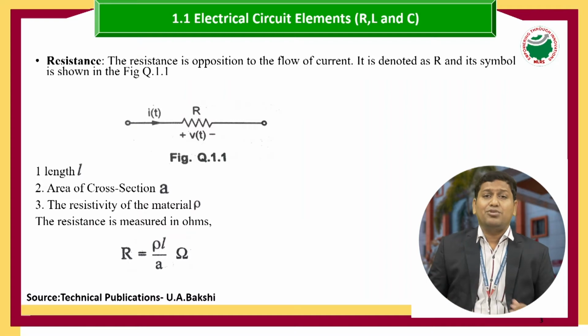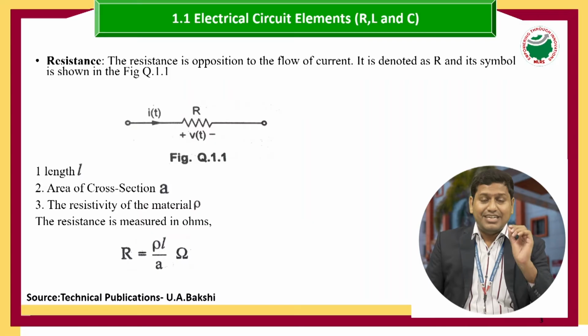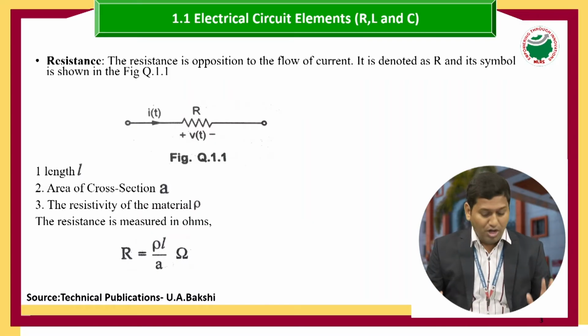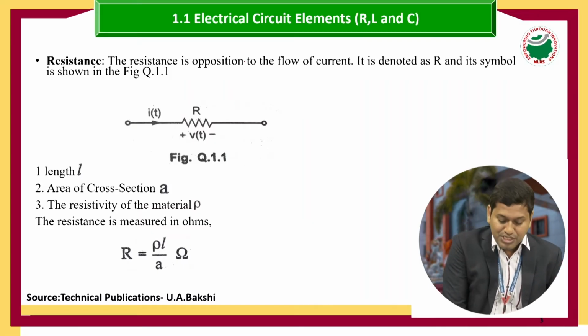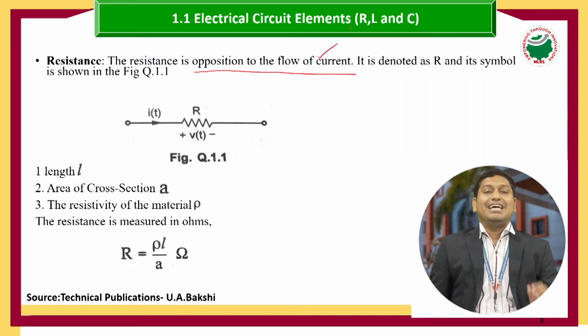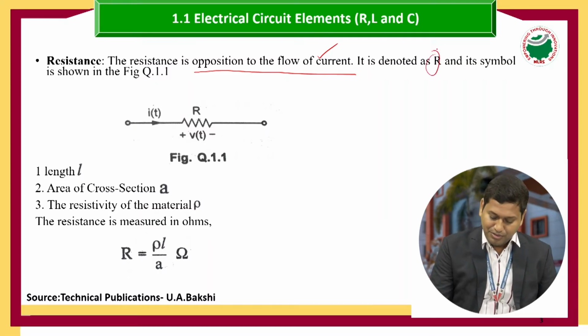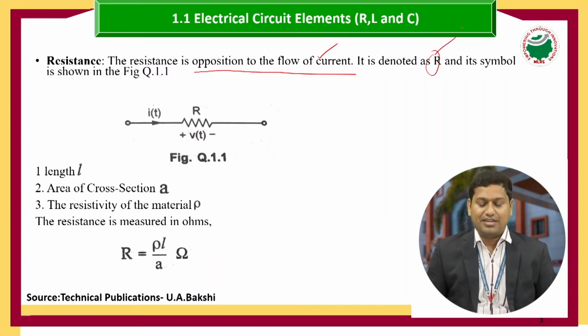The moment I talk about resistance, it means it's stopping, right? So electrical resistance opposes the flow of current, and it is denoted by the symbol R.